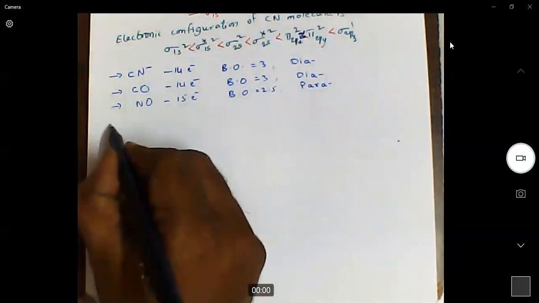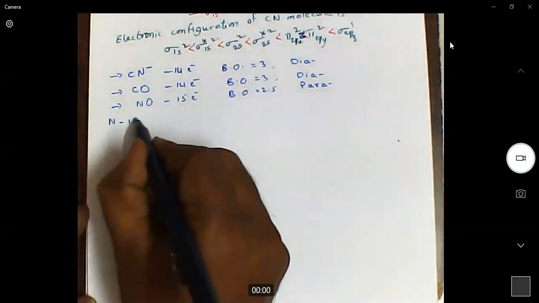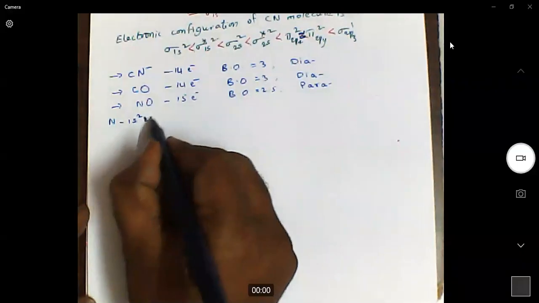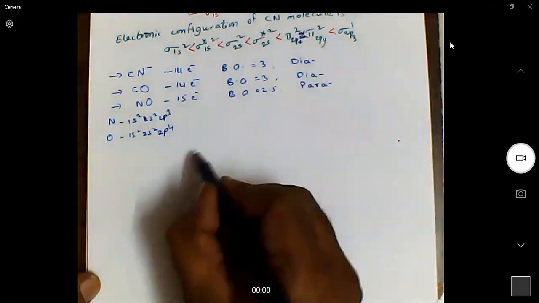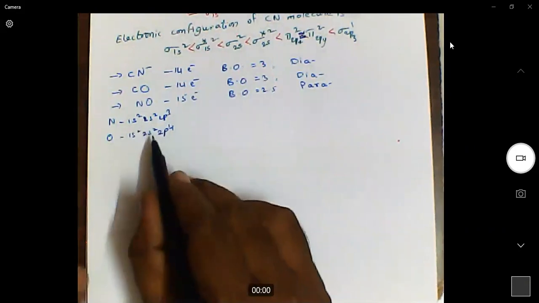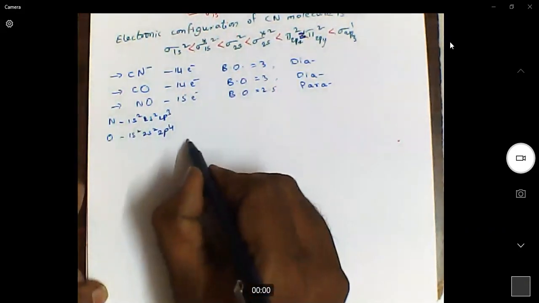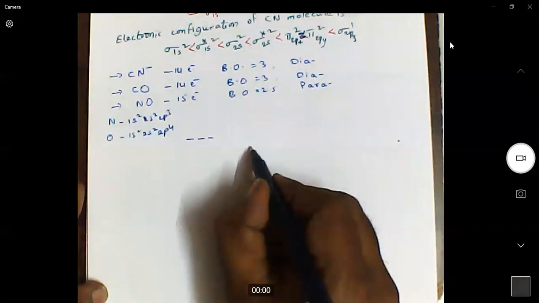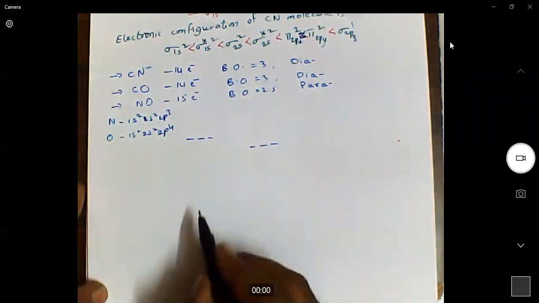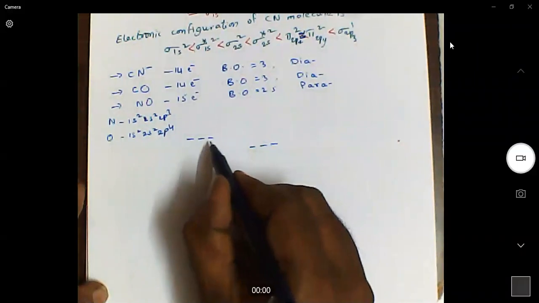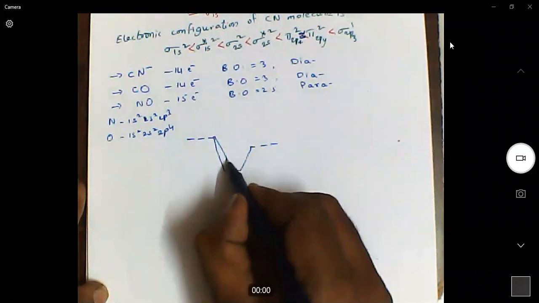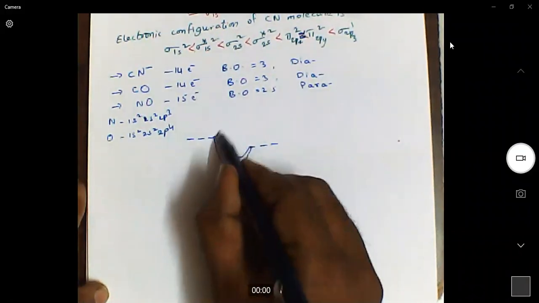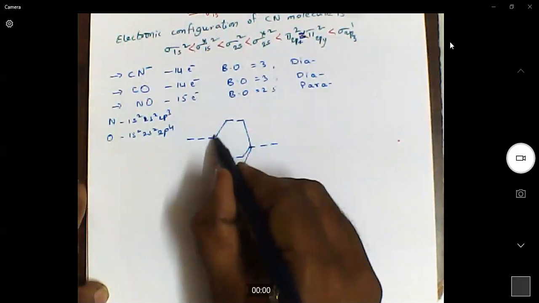For NO molecule, nitrogen electronic configuration is 1s2, 2s2, 2p3. For oxygen, 1s2, 2s2, 2p4. Among nitrogen and oxygen, nitrogen is less electronegative, oxygen is more electronegative. For NO molecule, we need to follow this order.